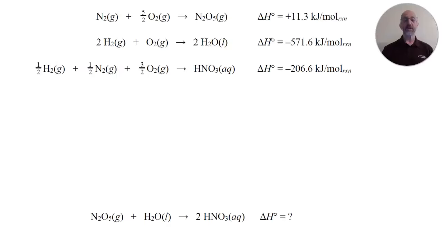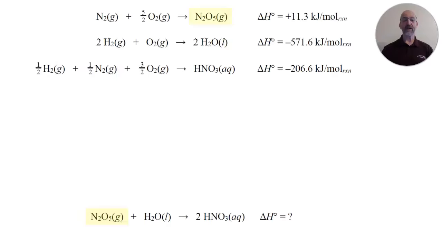So the first thing I'm going to do is start with the reactant N2O5. So what I need is 1 mole of N2O5 to appear on the left side of the equation.